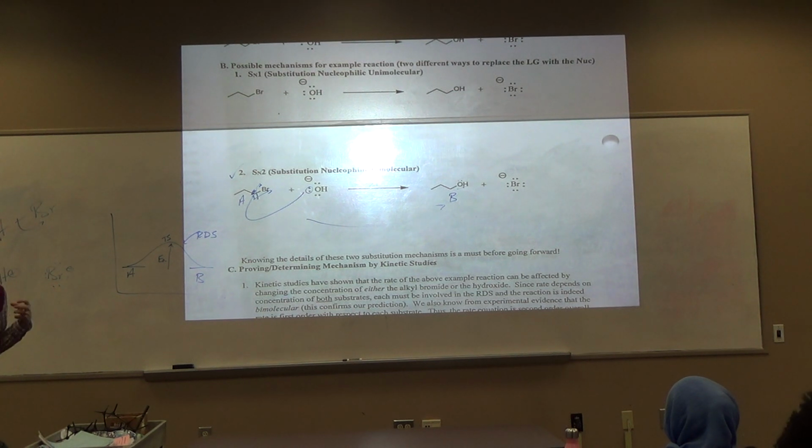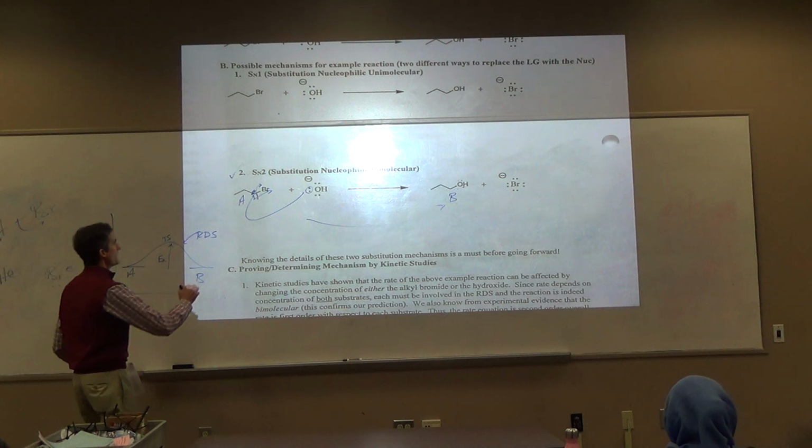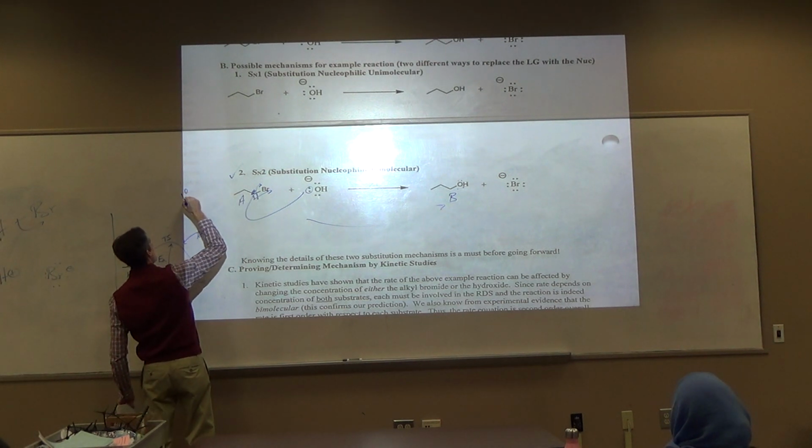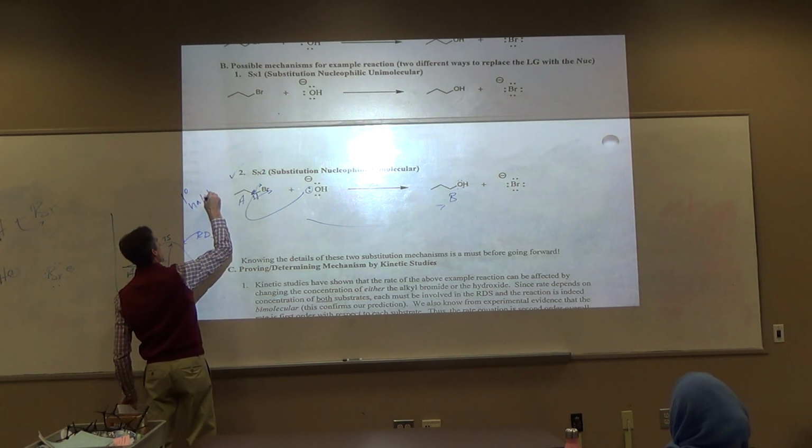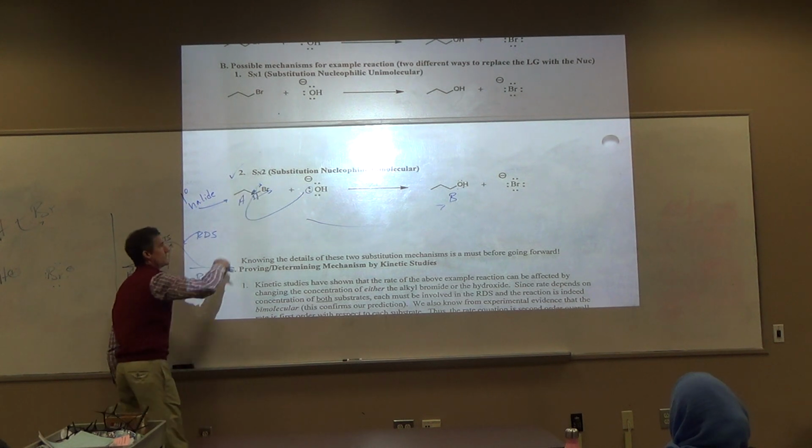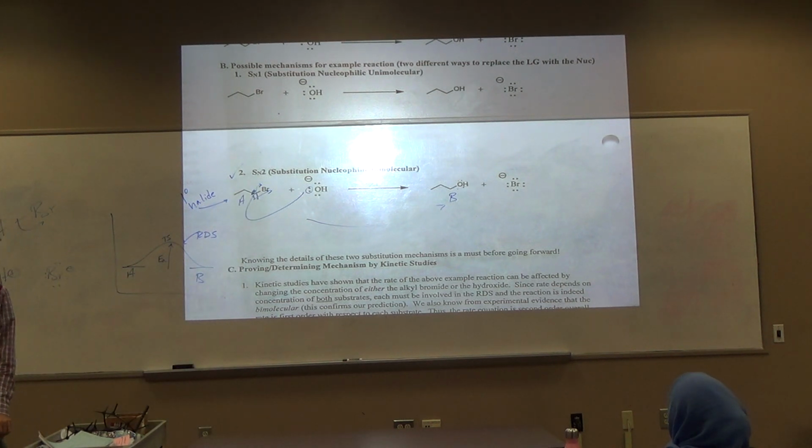I mean, we may do it, but want to avoid it. 2 is the mechanism here. This is a classic example of an SN2, and the primary halide is going to react by SN2 because it's not going to want to ionize. We said things can ionize.